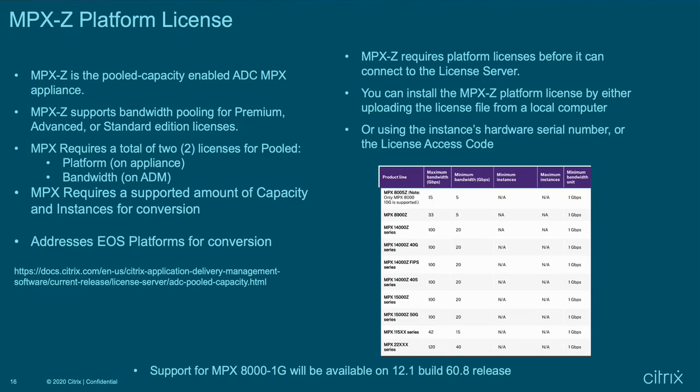So if I wanted to add additional capacity to my 89,000 series, traditionally I would have had to have gone from an 8910 to an 8920 to an 8930, etc. So I would have had to make big jumps. Now with pool capacity, I could run an 89,000 series with only 5 gigs worth of bandwidth.